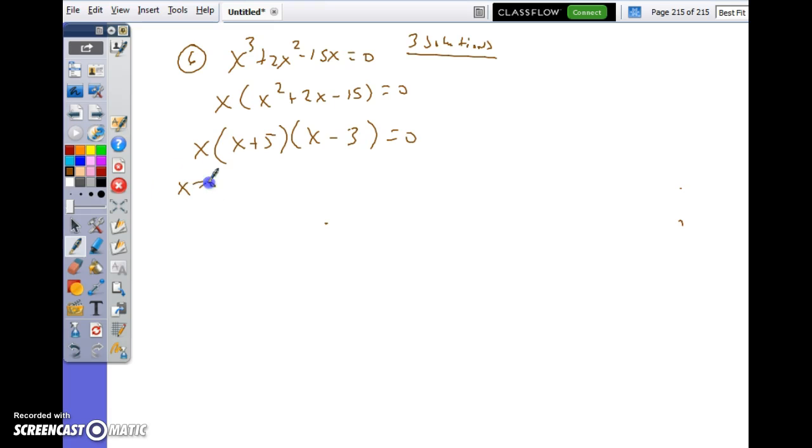So I get x equals 0, x plus 5 equals 0, and x minus 3 equals 0. Great? Wait, how'd you get x equals 0? Oh, because you set the outside one. I just said each factor equals 0. Okay. So x equals 0, that was already done. x equals -5, and x equals 3. Those are my solutions, right?